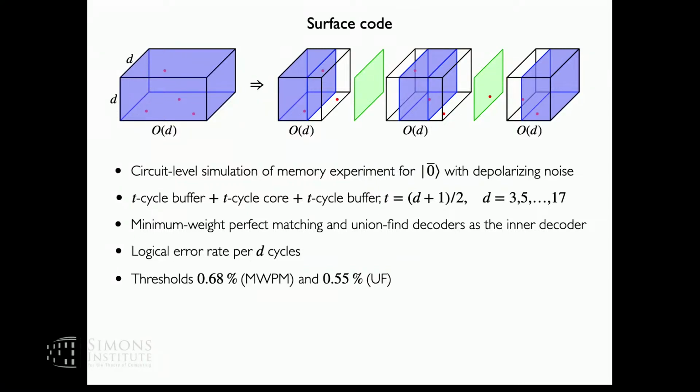And we calculate the logical error rate per d cycles and find that you almost get the same performance as offline decoding. And you almost have the same threshold, slightly smaller compared with the offline decoding. So this means that you don't lose anything by this parallelization if you properly choose the buffer.